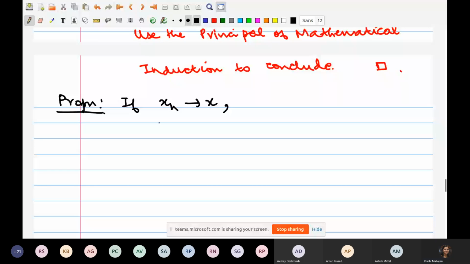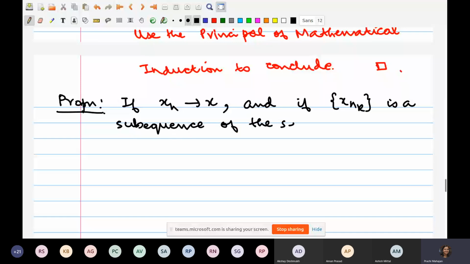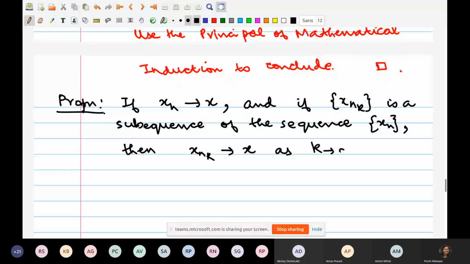and if x_{n_k} is a subsequence of the sequence xn, then the proposition says that the subsequence x_{n_k} also converges to the same limit as the sequence xn as k tends to infinity.